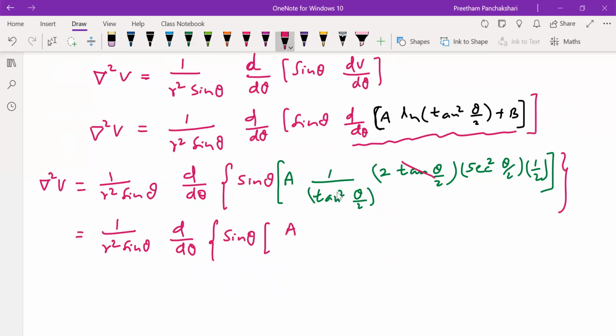One tan theta by 2 goes with tan square theta by 2. And also the 2 and 2 are cancelled. So we are left with secant square theta by 2 divided by tan theta by 2. The rest are all cancelled.